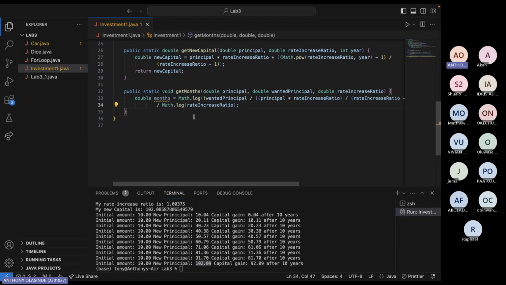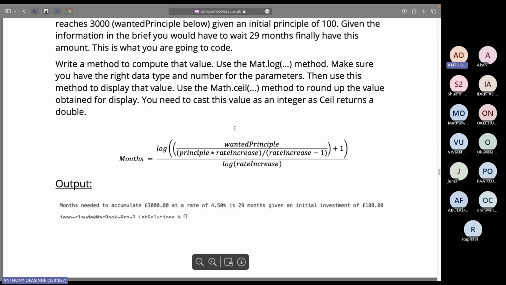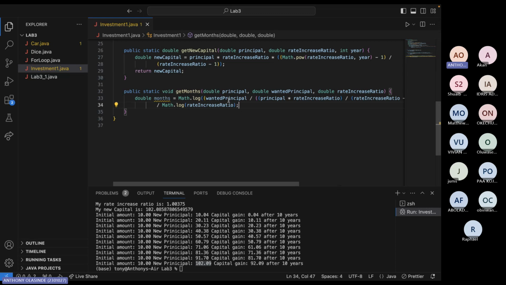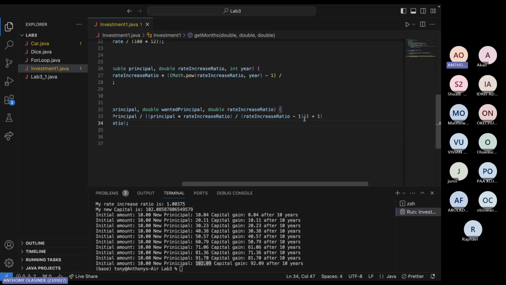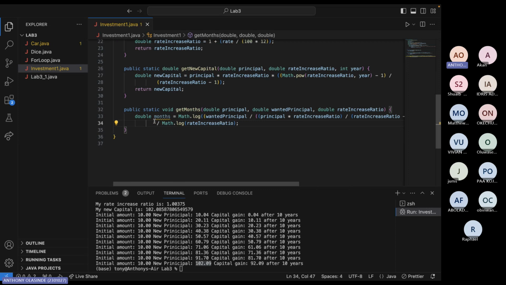I know it's a bit complicated, but at least I hope you are following. That's the main part. Like I said, it's just mathematics. There is really not much programming going on here, but if you mistake this bracket, even on a calculator, you will still end up with the wrong answer.